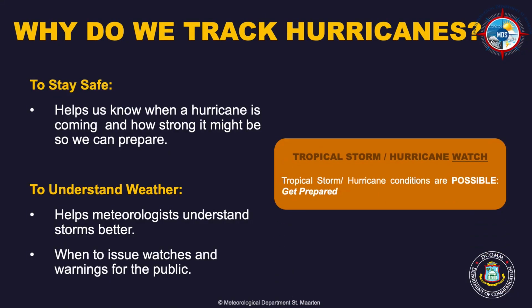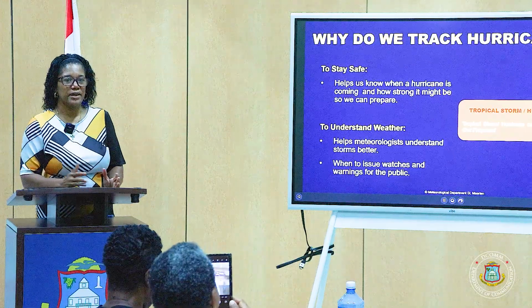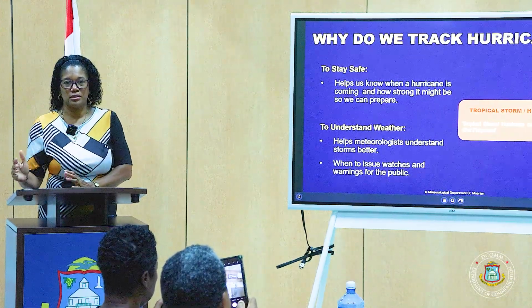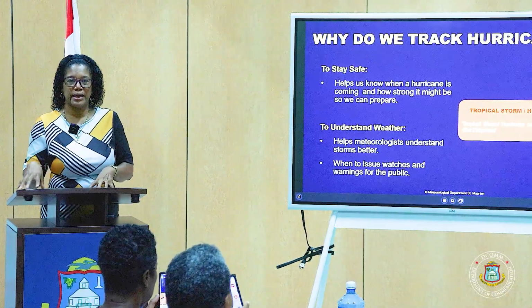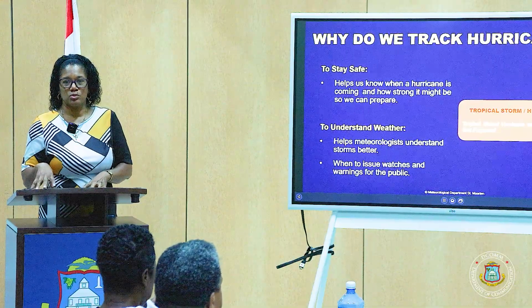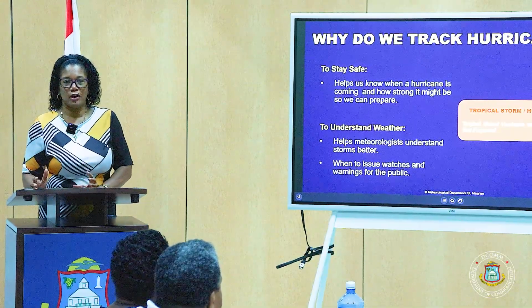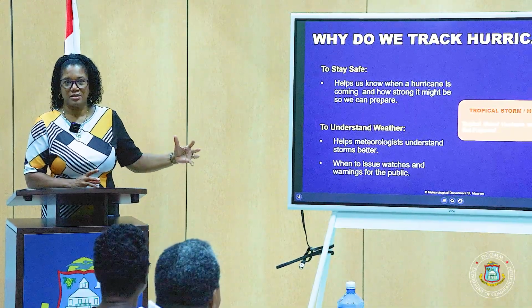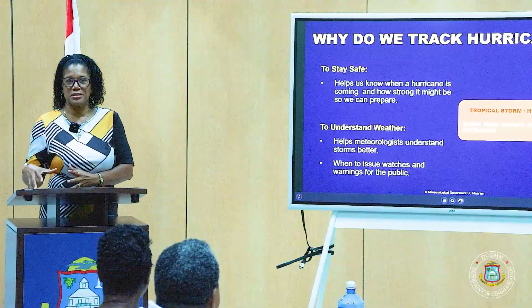We have watches. What is a hurricane watch or a tropical storm watch? Watches come with time, like 36 hours before or 48 hours before. But I tend to leave out the time because the time doesn't always work. Sometimes, depending on where it forms, you do not have 48 hours or 36 hours.